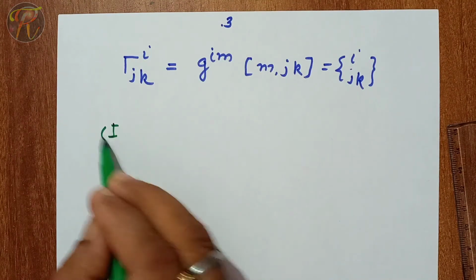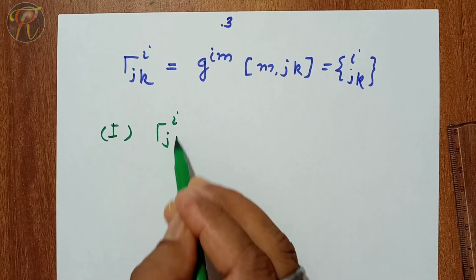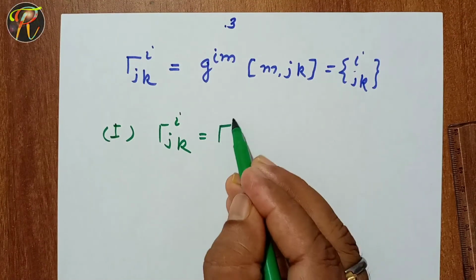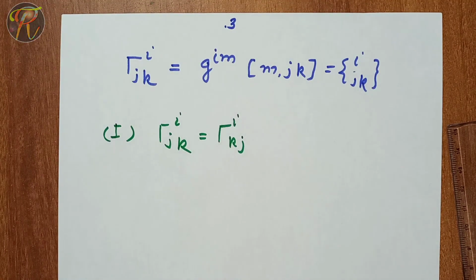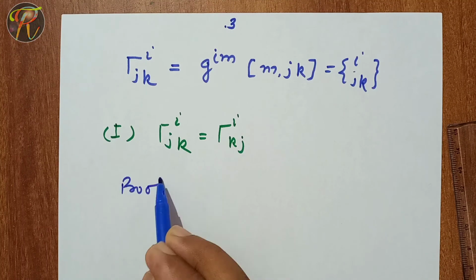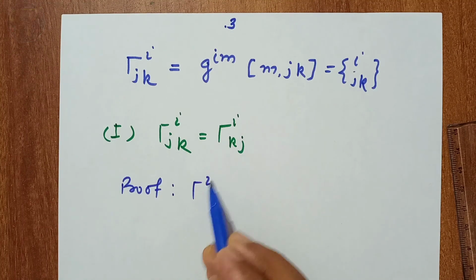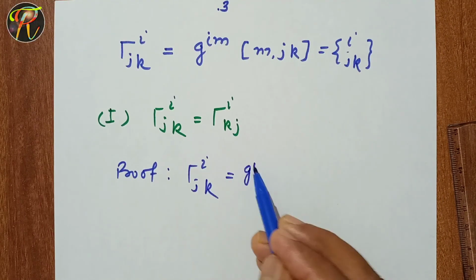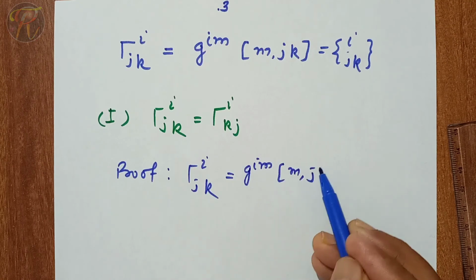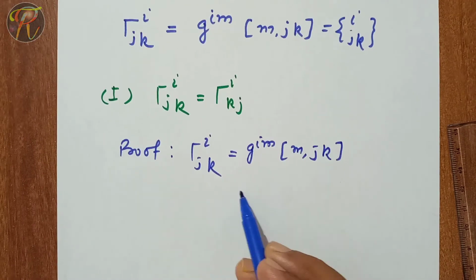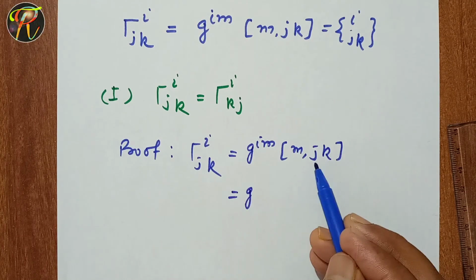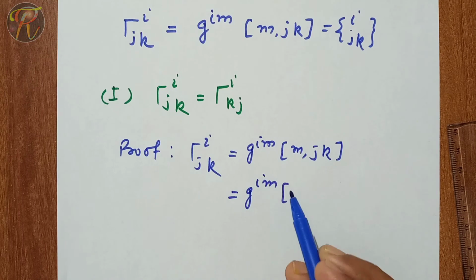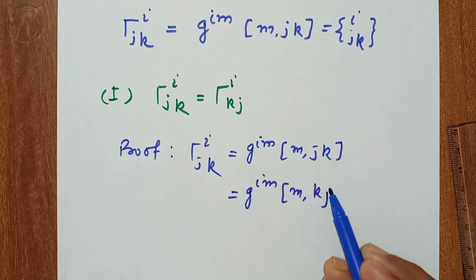The first property is gamma^i_jk equal to gamma^i_kj, means Christoffel symbols of the second kind are also symmetric in the two lower indices. The proof is very easy because by the first kind we have gamma^i_jk equal to g^im [jk,m], and since in the case of the first kind these are symmetric, this is [kj,m].